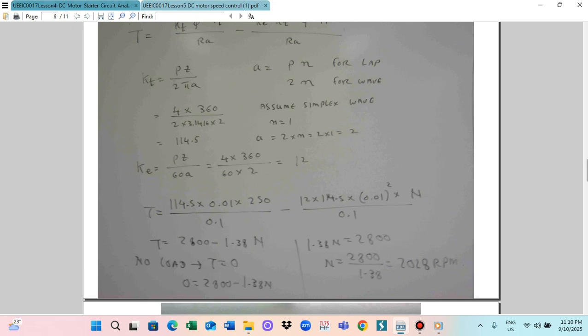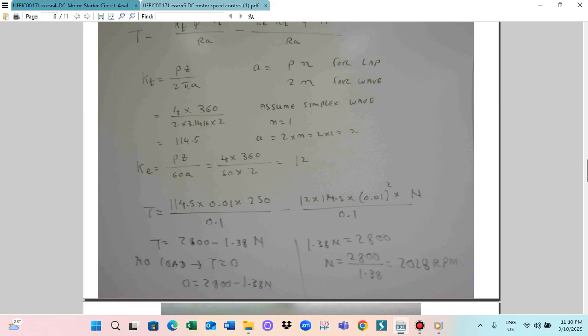So 0 equals 2800 minus 1.38 N. Then you can calculate N. So 1.38 N is equal to 2800, so N equals 2800 divided by 1.38. The no load speed will be 2070 RPM.